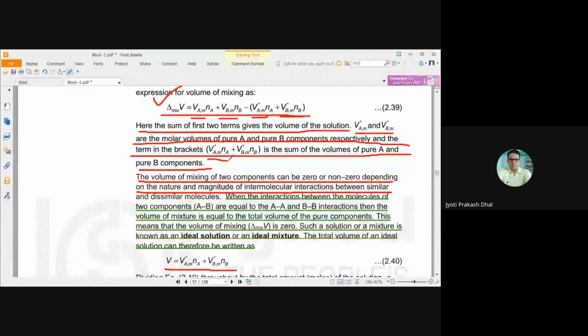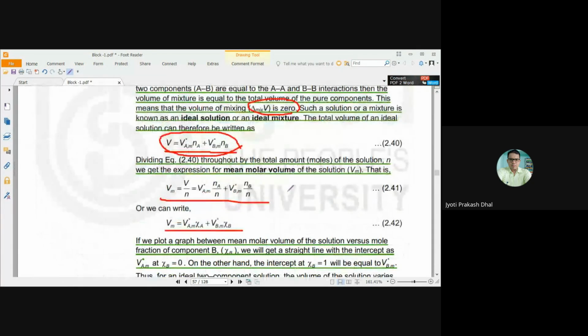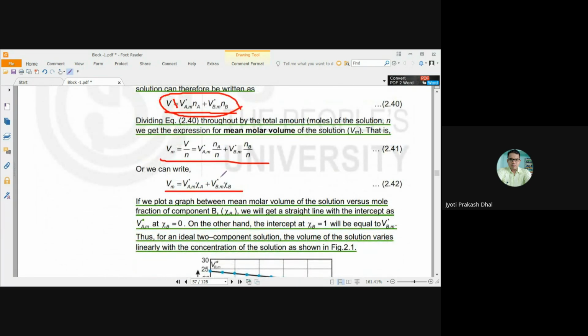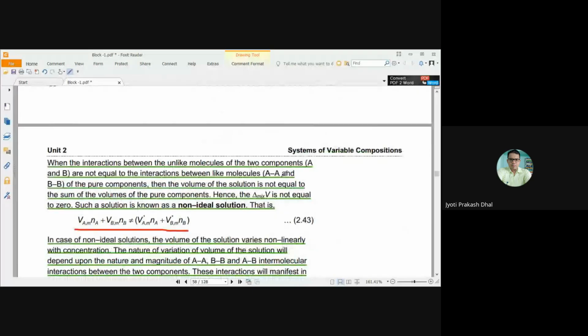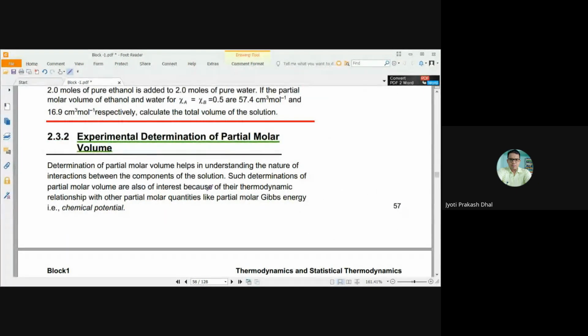So here, if we are considering an ideal solution, V equals this one, and hence for ideal solution del V mix is 0, but for non-ideal solution this value is not equal, so del V mix is not equal to 0.